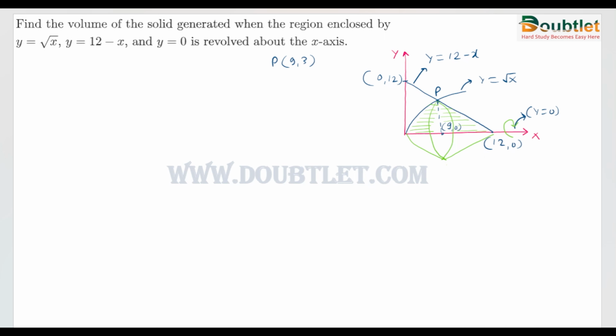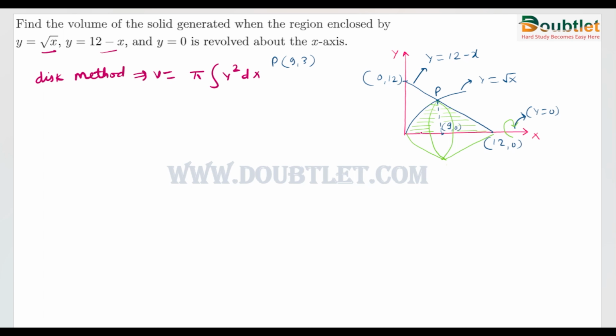To solve this, we will use the disk method. The disk method formula to find the volume is π∫y² dx, where y = f(x). So y = f(x) is this and this also.